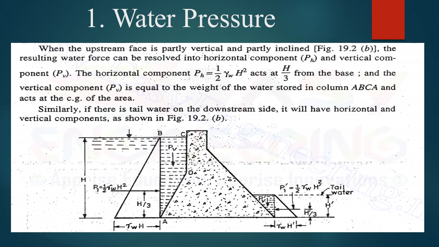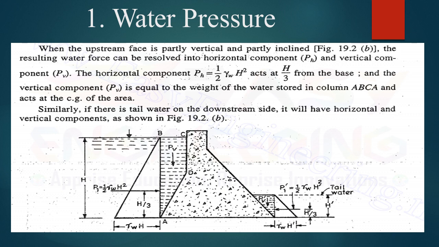It can be formed due to the accumulation of silt, or it can be constructed in this way. Here the upstream face is partially vertical and partially inclined, so due to the inclined part, the force will be divided into two components.